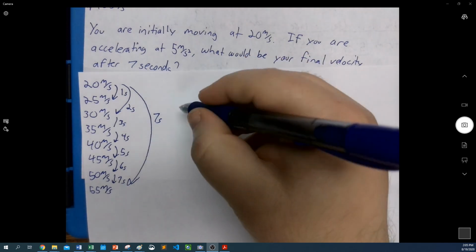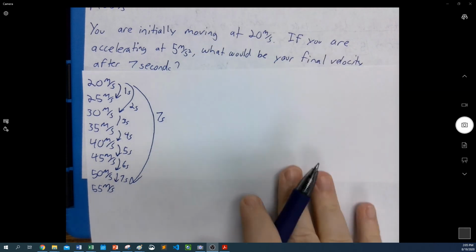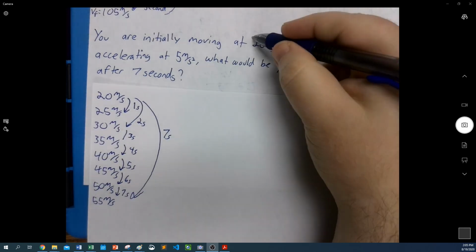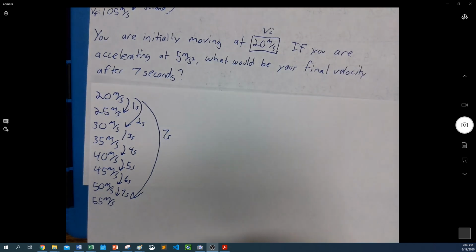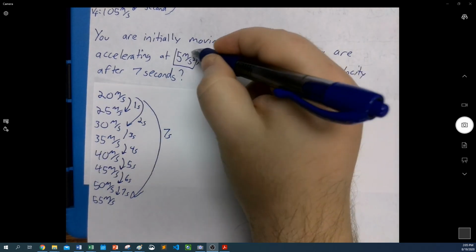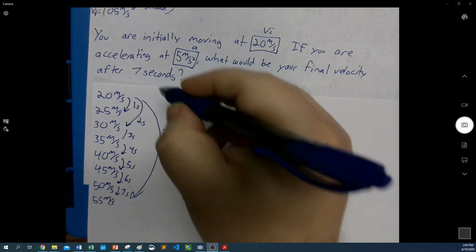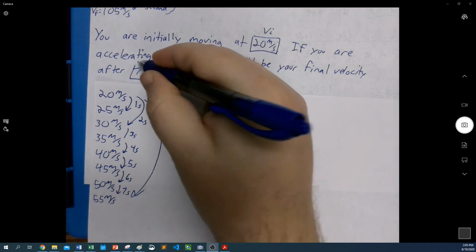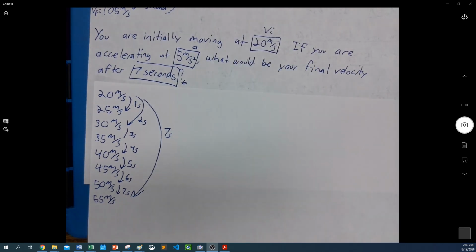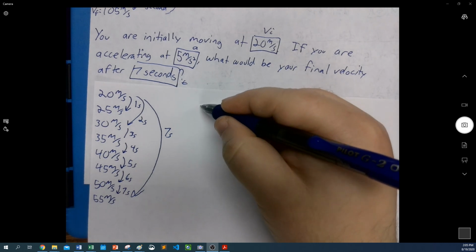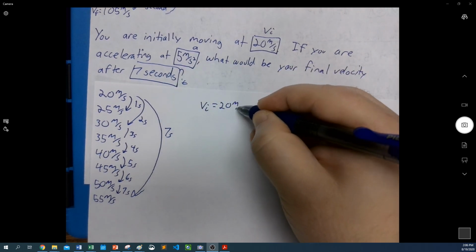Using math to do it. So from this problem, your initial velocity is 20. You are accelerating at 5 meters per second squared with a time of 7 seconds. So your initial velocity is 20 meters per second.